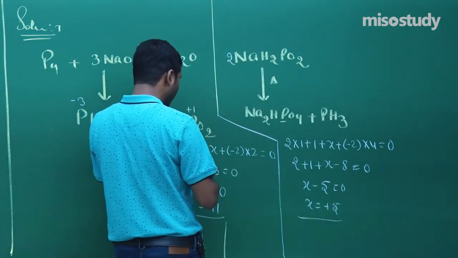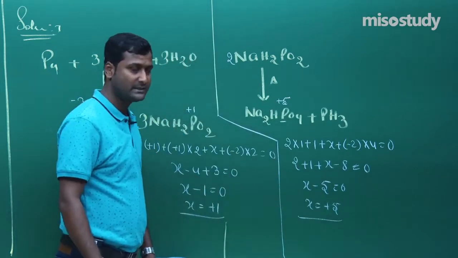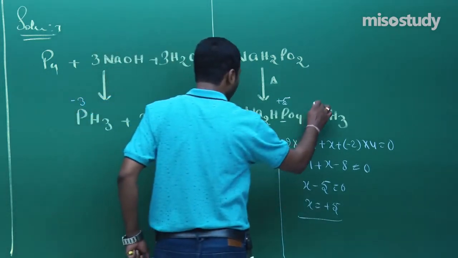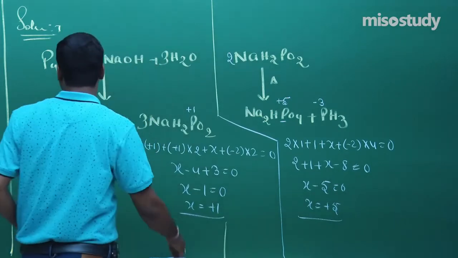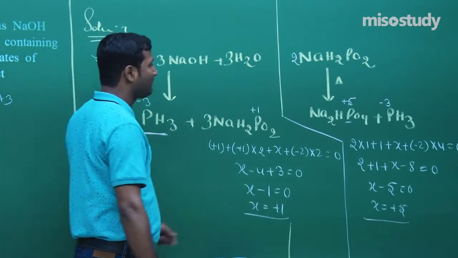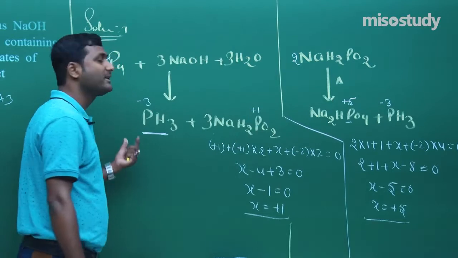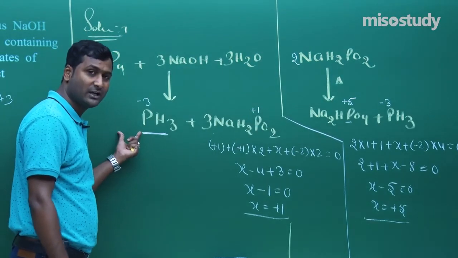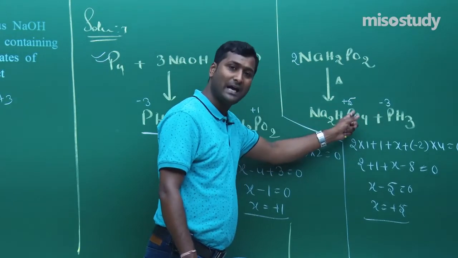That is, here phosphorus is in +5 oxidation state, and phosphorus in PH3 is in -3 oxidation state. Now we can say that the complete reaction gives PH3 plus Na2HPO4. So this is nothing but a disproportionation reaction, and the oxidation states are -3 and +5.